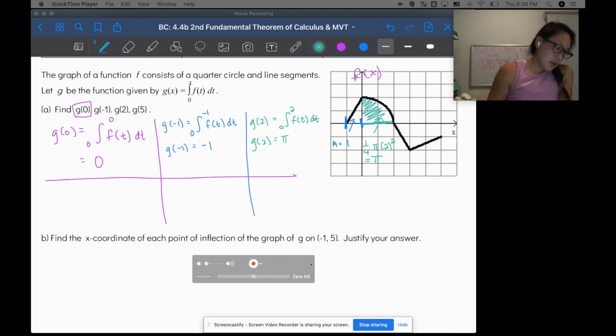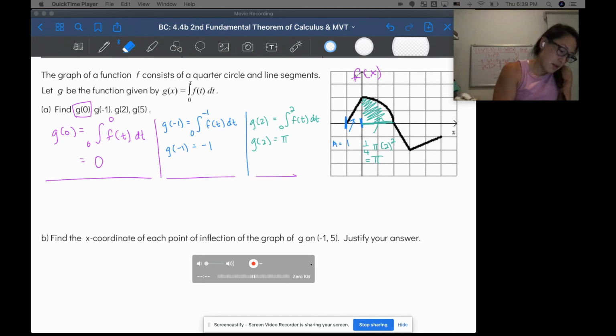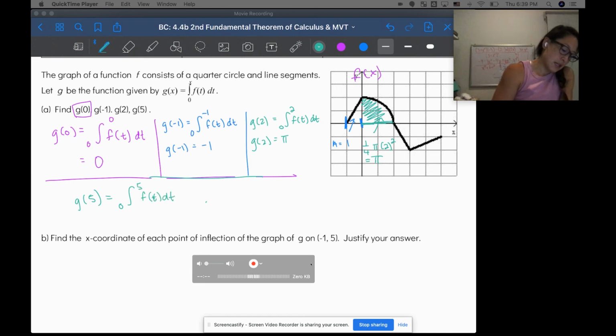Okay, lastly, we have g of 5. So I'm going to start with 0 to x equals 5 of f of t dt.